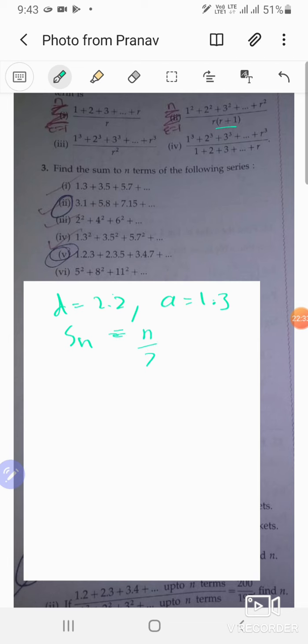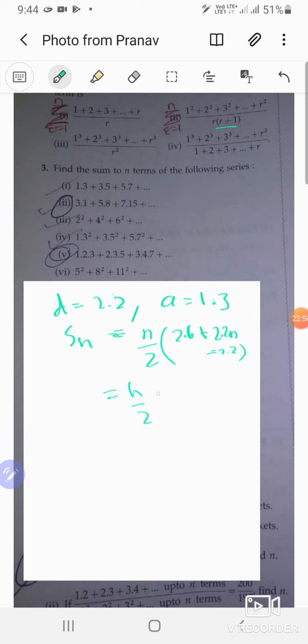So you just get n by 2 of 2a, which is 2.6, plus n minus 1 of d, which I'm going to write as 2.2n minus 2.2.